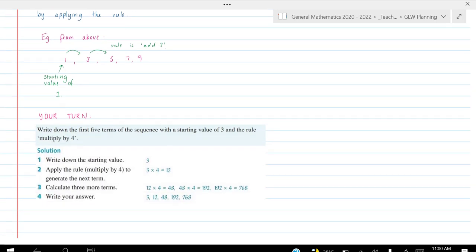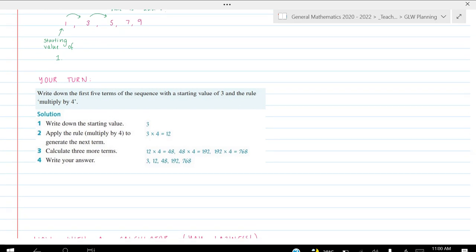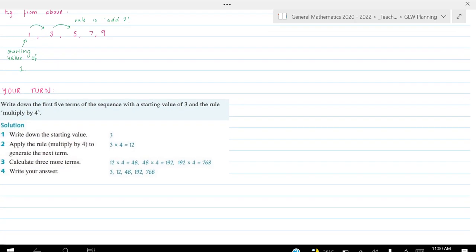So let's have a go at using recursion. Write down the first 5 terms of the sequence with a starting value of 3 and the rule multiply by 4. I have given you the solution, but you could see how that would work. So let's do it with a different set of numbers. You guys can pause the video here if you'd like and give it a go.